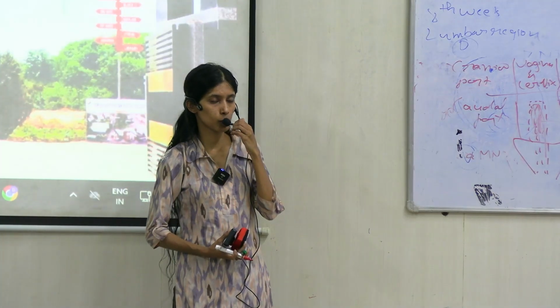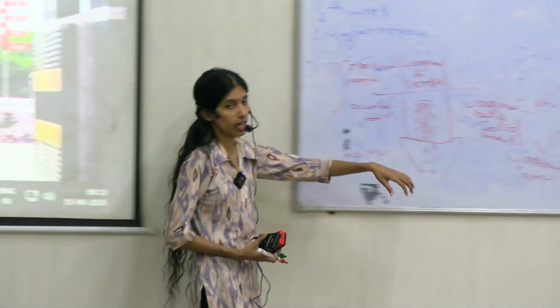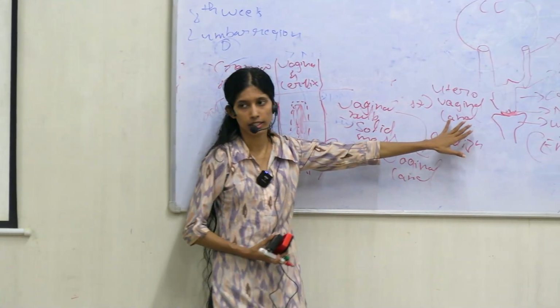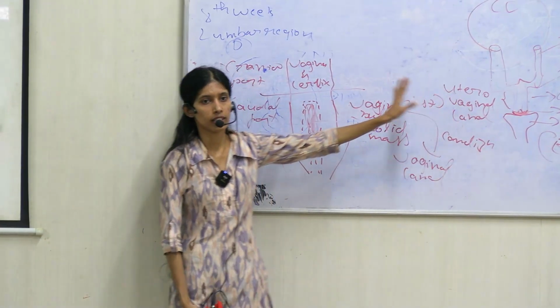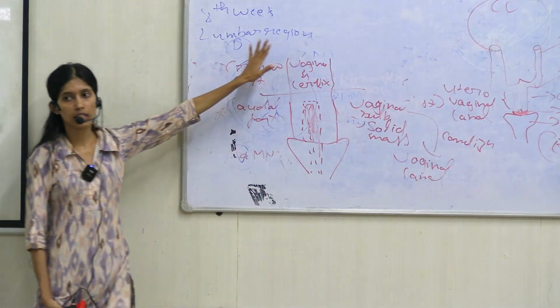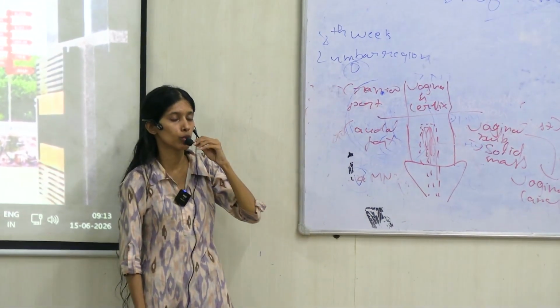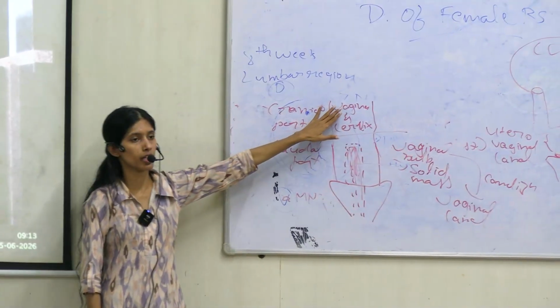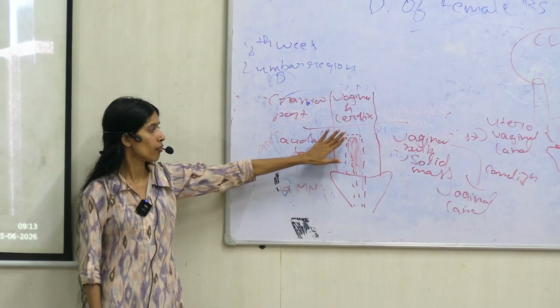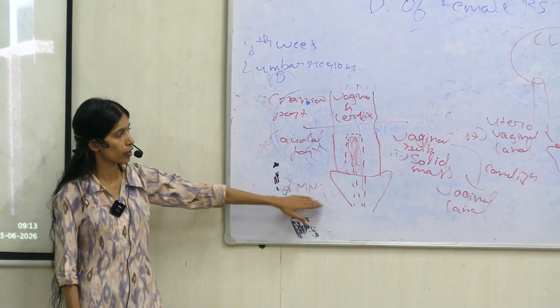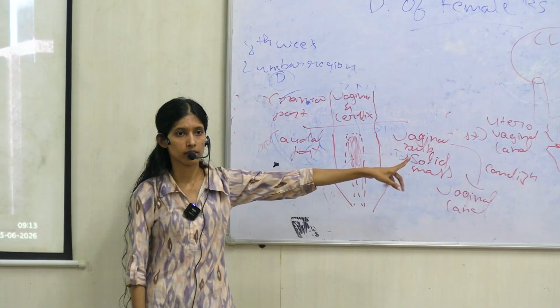Okay, I'll explain once again. We have uterovaginal canal, and the uterovaginal canal has two parts, cranial part and caudal part. The cranial part will develop into adult structures that are vagina and cervix, whereas the caudal part will be in contact with the urorectal sinus.